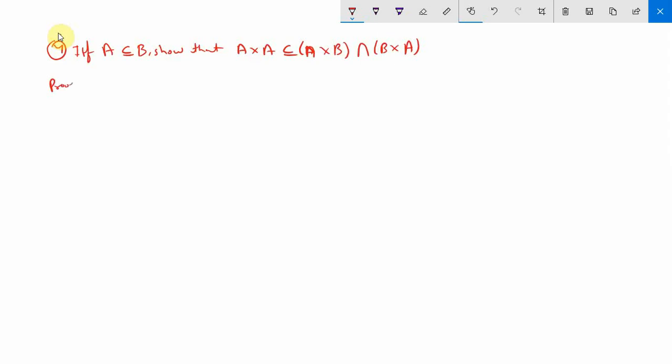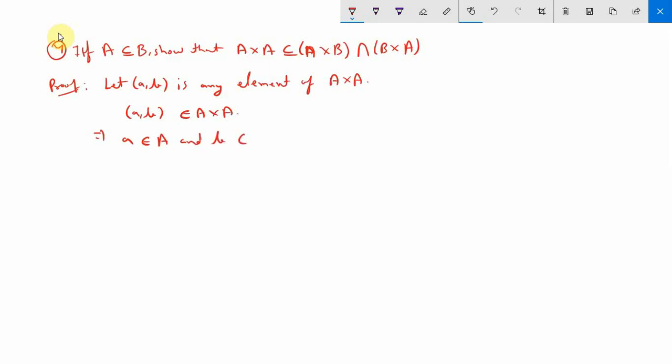We will see this. We will consider an ordered pair AB. Okay, let AB be any element of A into A. So this we can write as AB is an element of A into A. It implies that A is an element of A and B is an element of A.